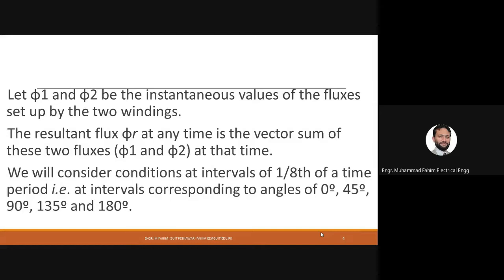We will consider conditions at intervals of one-eighth of the time period, that is, intervals corresponding to angles of 0, 45, 90, 135, and 180 degrees. At these intervals we will observe the resultant flux and its direction.